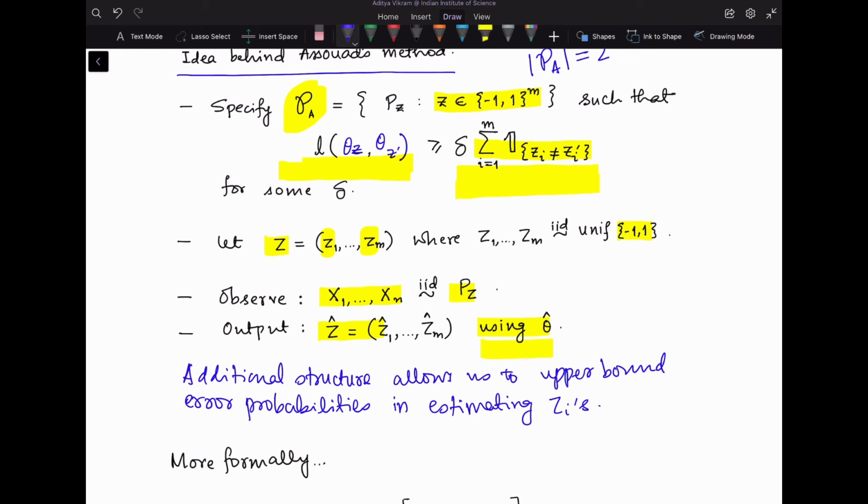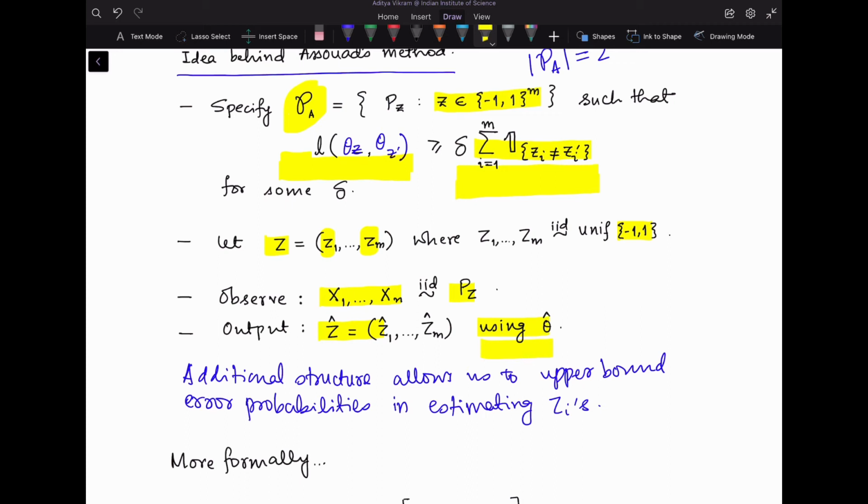Right? So in Fano's method, if your hypothesis is close to the original hypothesis, suppose you are in the neighboring ball, right? Since the indexing can be arbitrary, it's not necessarily the case that if you take the bit representation of your original ball and the neighboring ball, they are close. It's not necessary. But in Assouad's construction, this dependence of loss function on Hamming distance between z and z dash guarantees that if you are close in L, your Hamming distance cannot be too large.